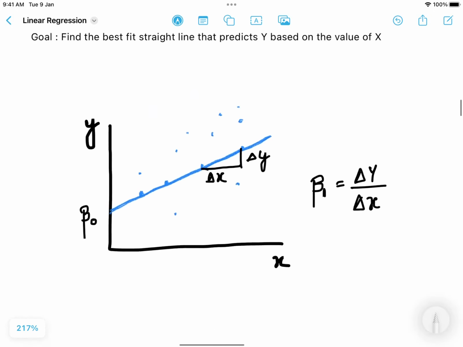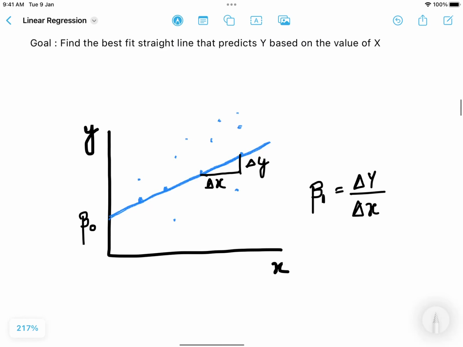Before coming to the assumptions, let's also discuss why it is important. The linear regression model is important in predictive modeling. In predictive modeling, we predict future outcomes based on historical data. And also in understanding relationships.